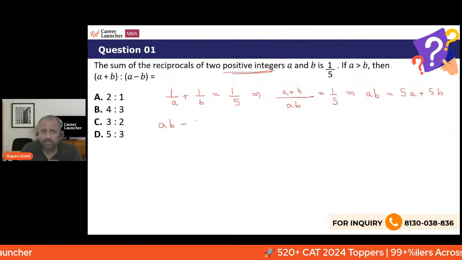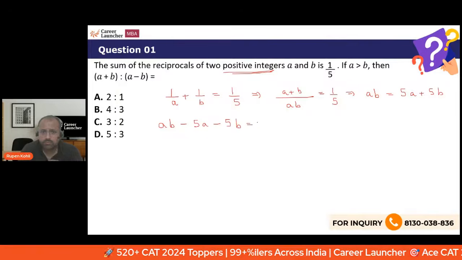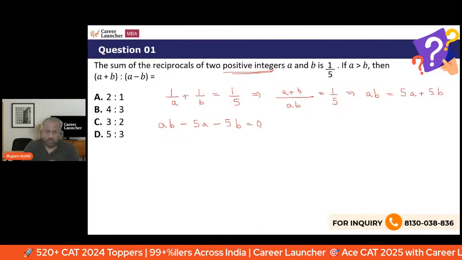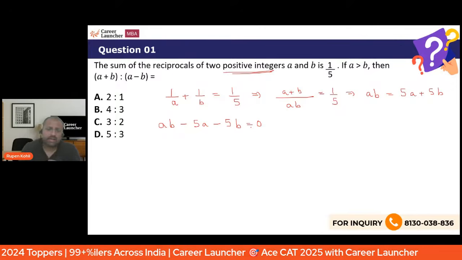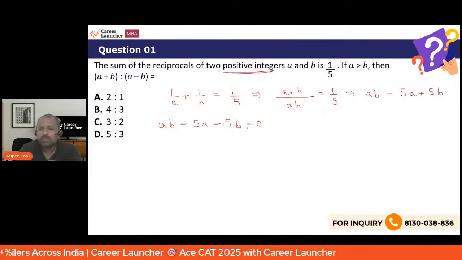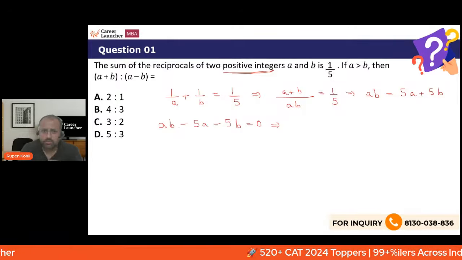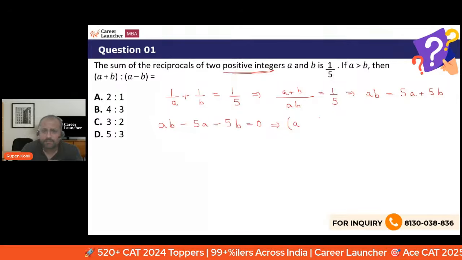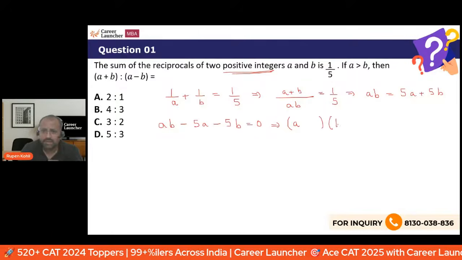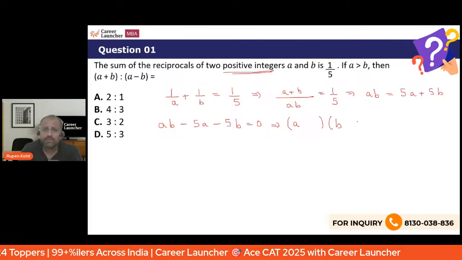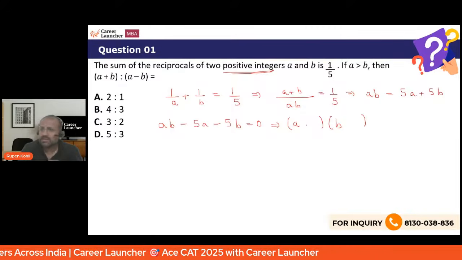ab minus 5a minus 5b is 0. The target is to express this equation in a factorized form, so that we can apply some integer constraint logic. The way this is written, we'll have to keep (a something)(b something) to get a times b, and then some constants added to that.